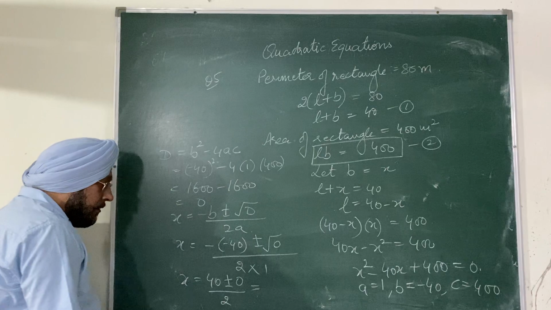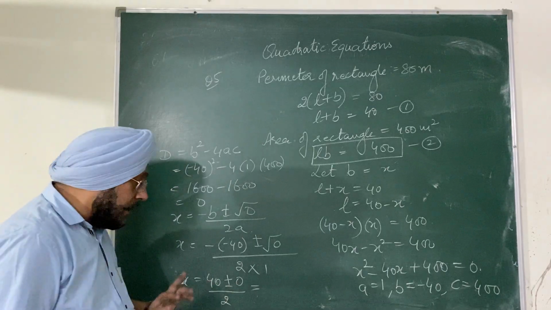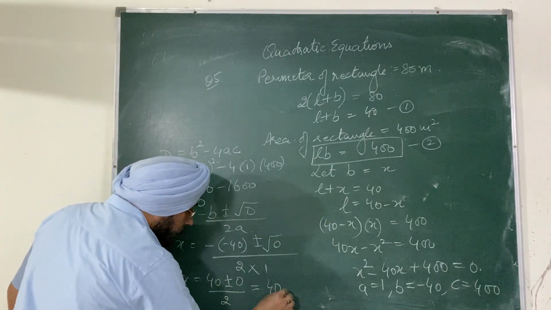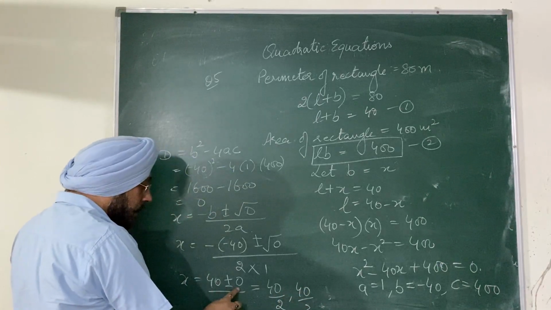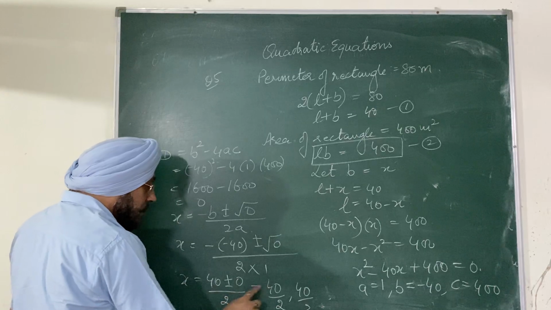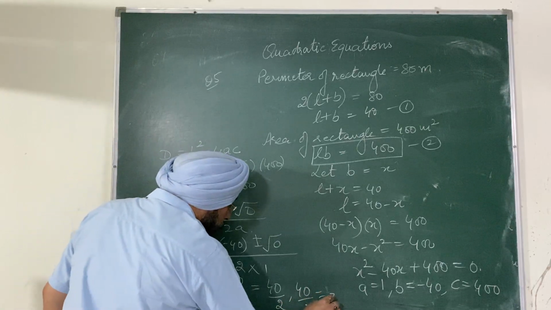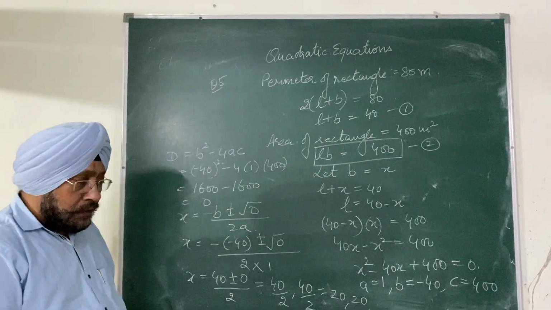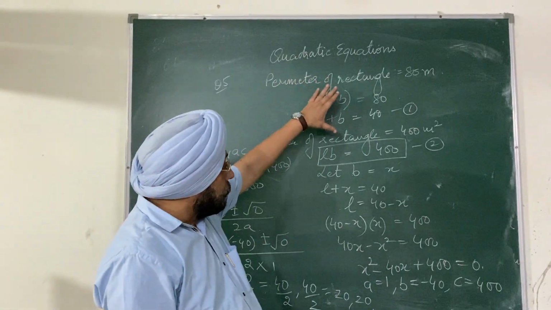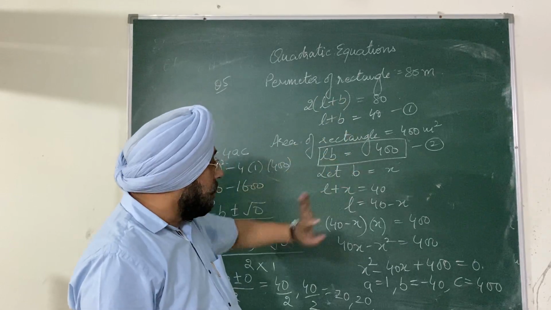Now we know that either we add 0 or we subtract 0. In both the cases, the value remain same. Means 40 plus 0 is 40, 40 minus 0 is also 40. So we get two answers, 20 and 20.